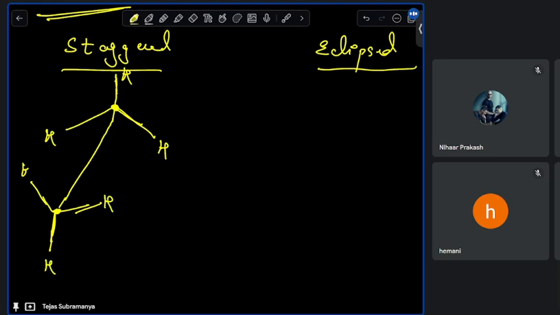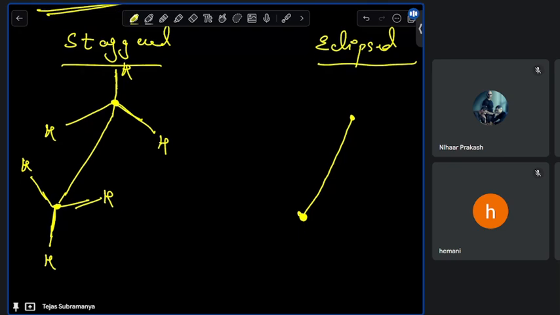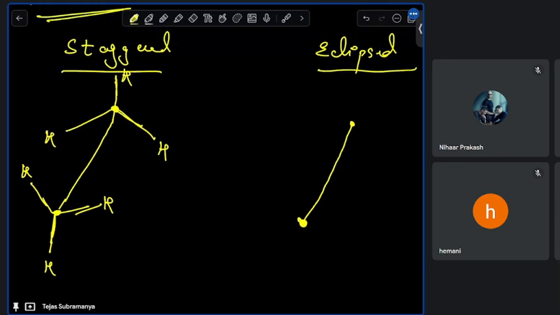Now for the eclipsed form, what do you start with? You start with a dot, meaning carbon, one behind, one in front with some angle. Connect both the dots together first. Eclipse is more like a regular word: a solar eclipse means one planet comes and covers the other exactly. Both of them are being covered exactly. That's why the darkness is seen.